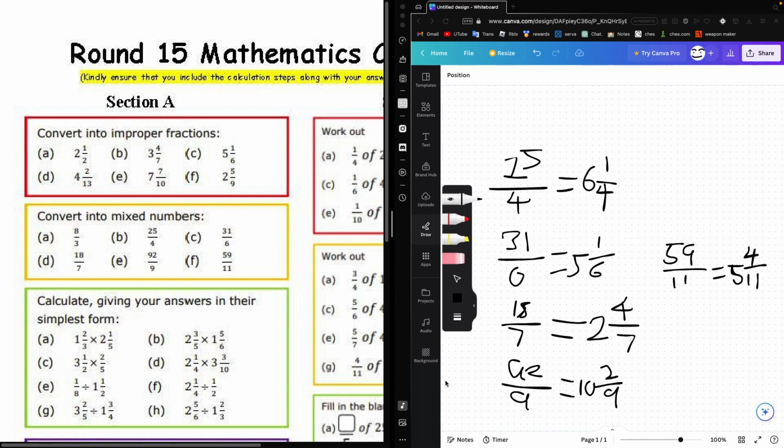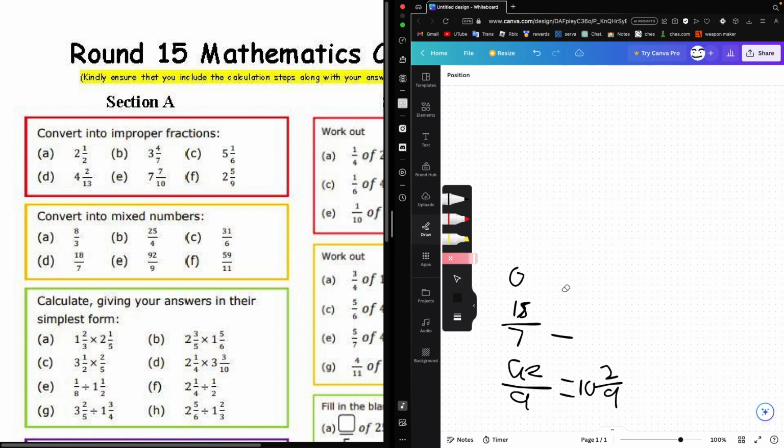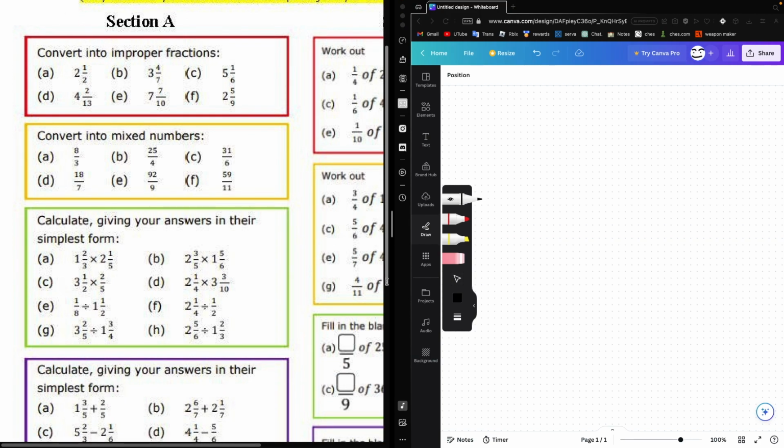Let's go now with the third box. Calculate giving your answers in their simplest form. Let me erase this. For this one, we take the whole number and make the mixed number into an improper fraction, and just multiply.